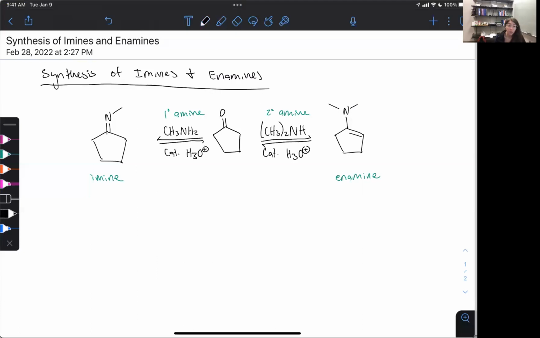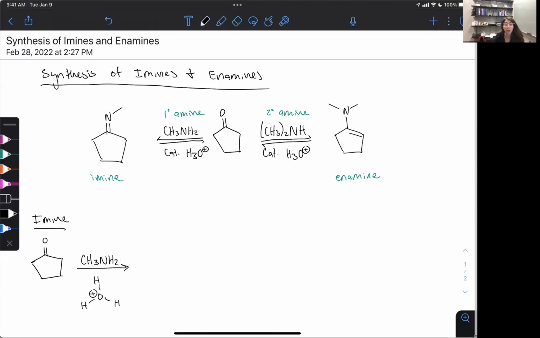So let's do the imine first. The first step of the mechanism: we've got a ketone, this is methylamine, and we've got H3O+.